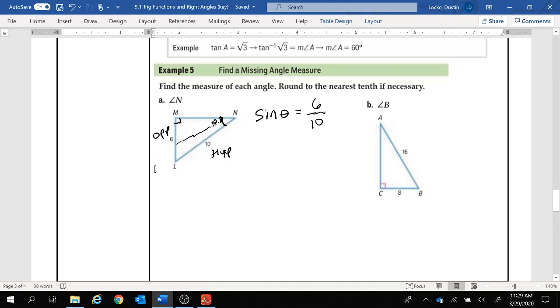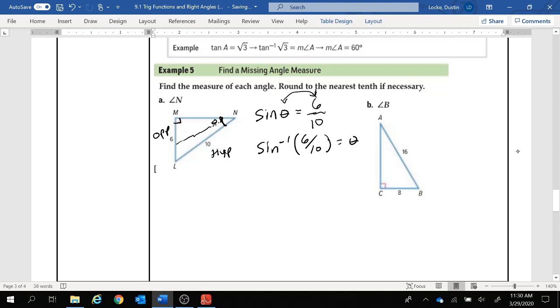To do that, it's real simple. All we're going to do is rewrite this as sine inverse. That's what the -1 represents, inverse. We're going to do sine inverse of 6/10 equals theta. So in other words, you're basically just flipping these two. The fraction with the variable just basically switches spots.